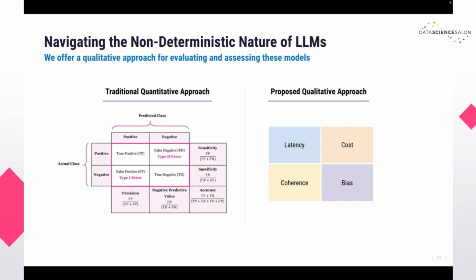And so what's difficult about this non-deterministic nature is that, as opposed to the quantitative approaches that we use for traditional machine learning models like regression or classification, we can't use those quantitative approaches or those scores that we usually use to evaluate models, such as precision, recall, F1 scores, etc. And so instead, we propose a qualitative approach of looking at a matrix of different components, such as latency, cost, bias, or coherence, to evaluate if this LLM is performant.